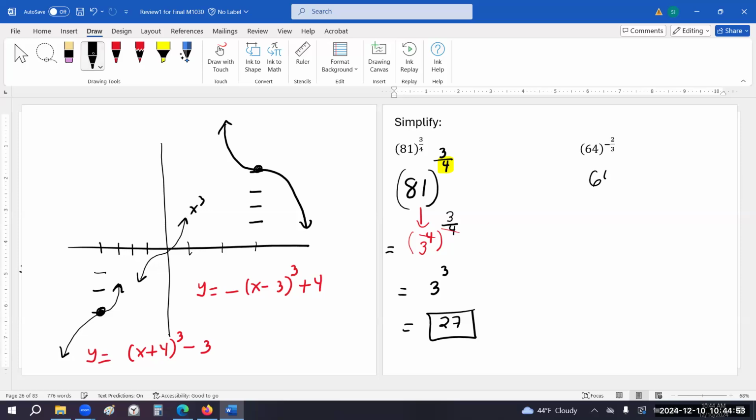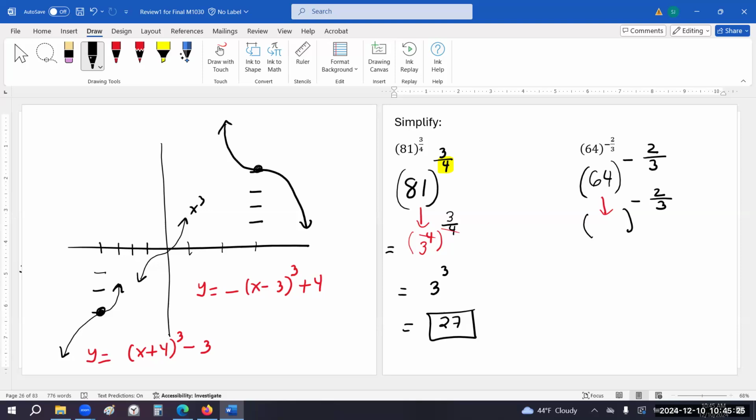The next one, let me rewrite 64 to the negative 2/3. So what do we do? How do we read this?